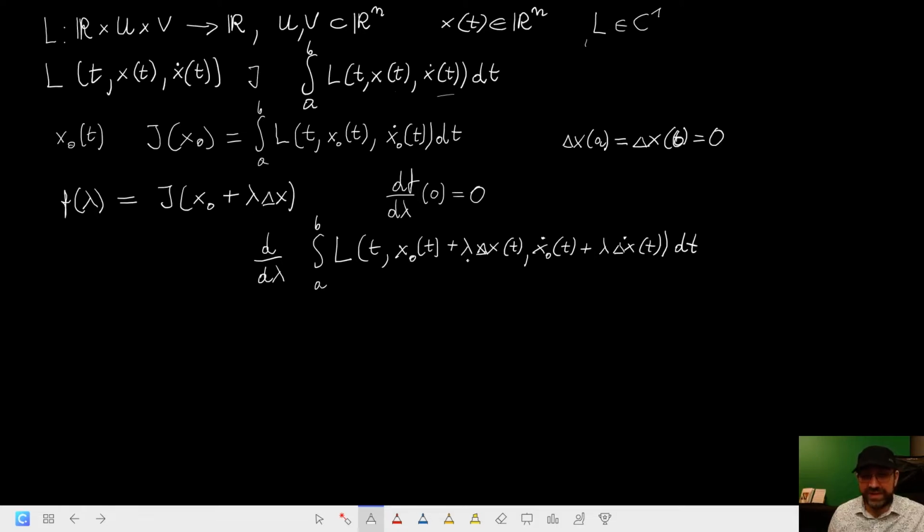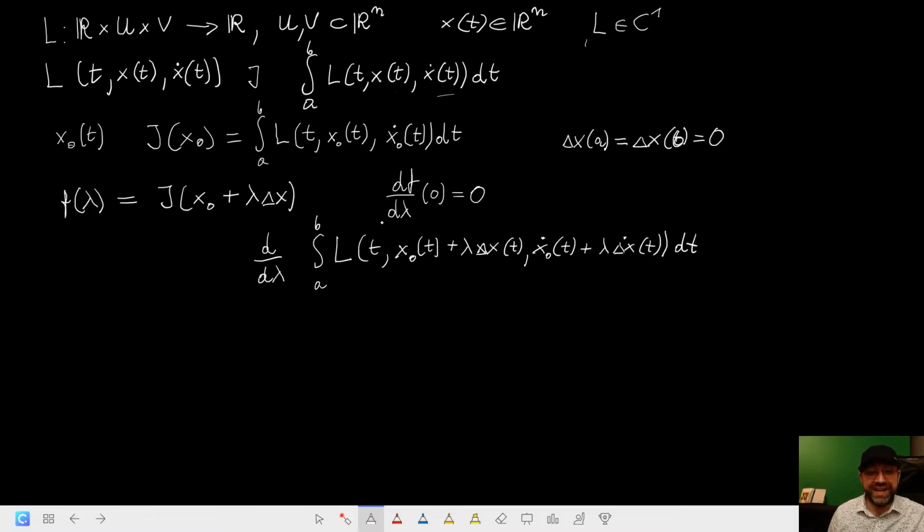Derivative over lambda exists, and what's more is continuous. So there is no problem in getting with this derivative under the integral, which is the same as saying that this function is differentiable.